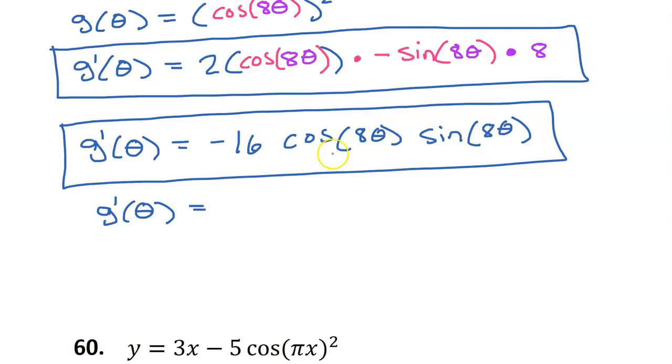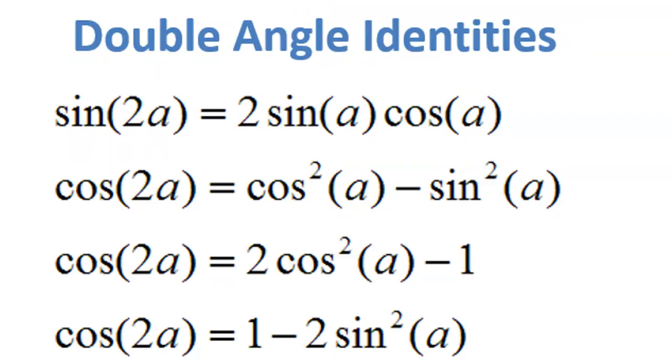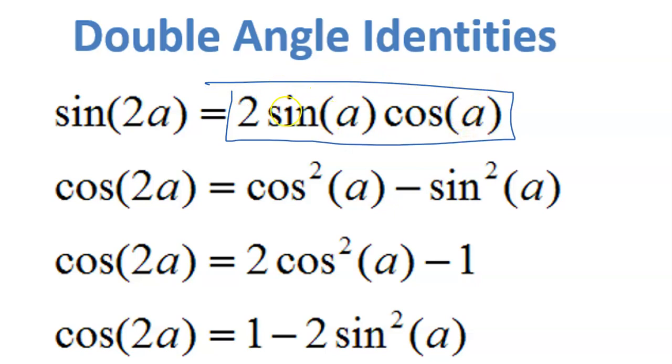To make it more obvious, I'm just going to flip these around real quick first. So obviously this is the same as negative 16 sine 8 theta cosine 8 theta. See this first double angle identity right here where we have 2 sine A cosine A? So if I see 2 sine cosine, I can rewrite that as sine of 2x or theta or whatever it is.